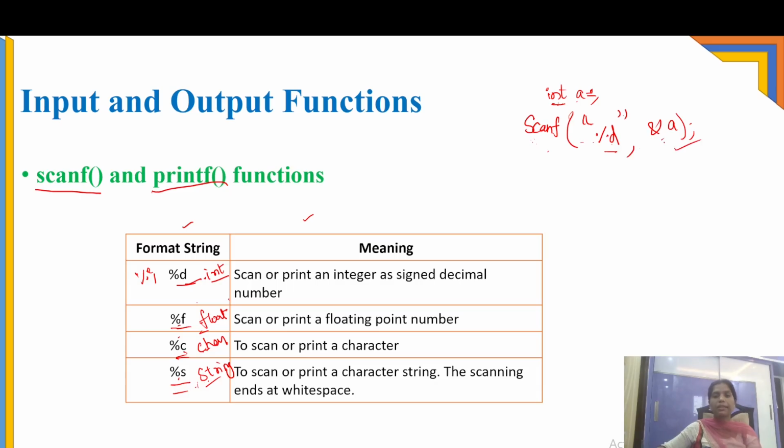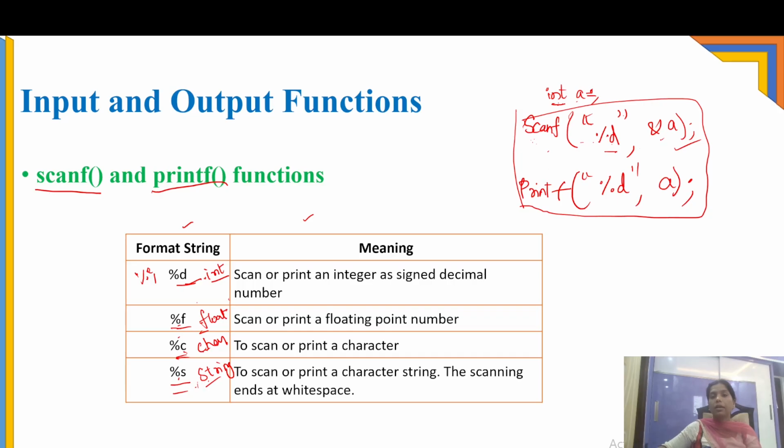This is the syntax. If you want to print the value of A, you use the same format specifier and A. See, the only difference between reading and printing a variable is the ampersand. What does this ampersand mean? Address of variable A.